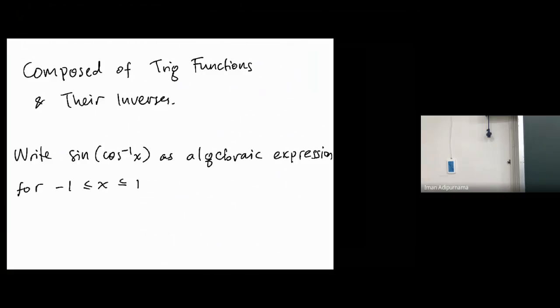So if you are asked to write sine cosine inverse x in algebra with x as the variable, for this domain, then how do you write the sine cos inverse in algebra?